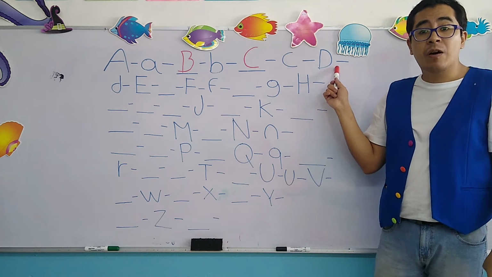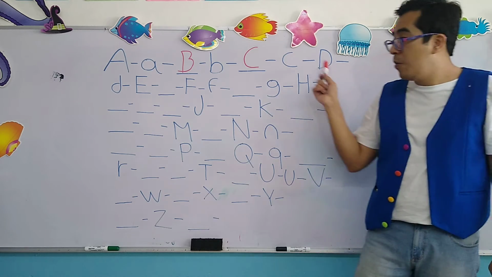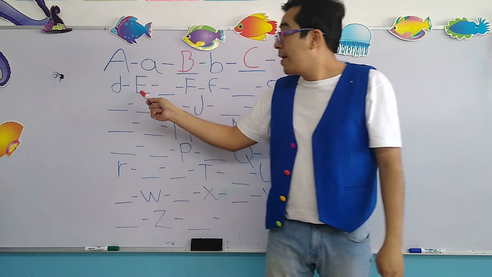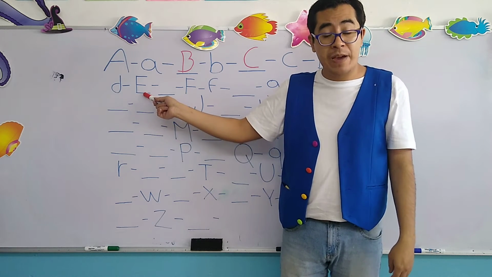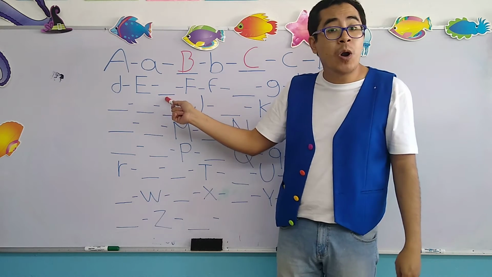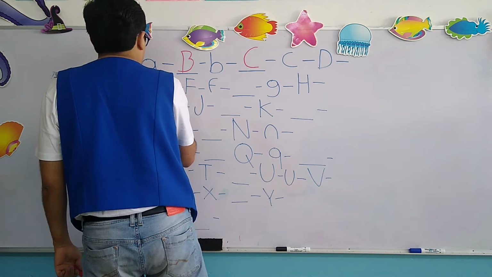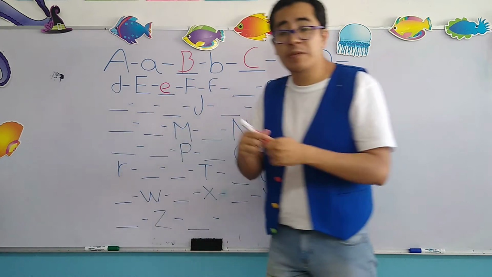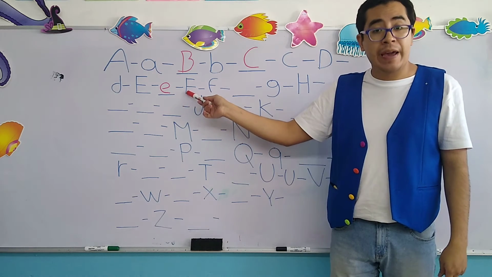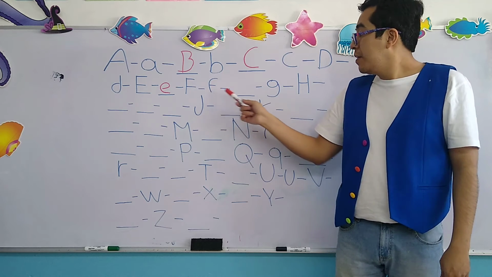Capital D, of dog, of doll, of door, of Diego. Small d, so no missing letter. Capital E, of elephant. So here it's missing small e. Okay, we have the two e's. Capital E, small e. Capital F, small f, no missing letter.